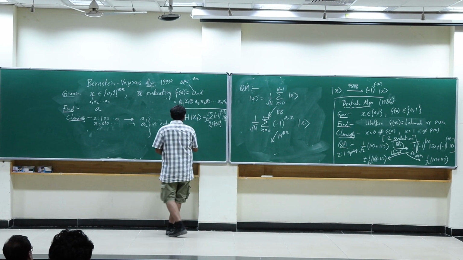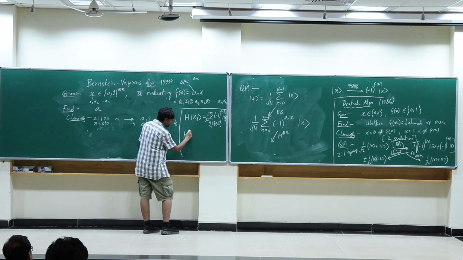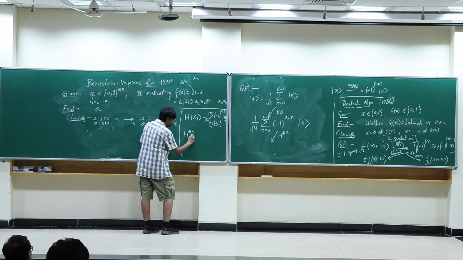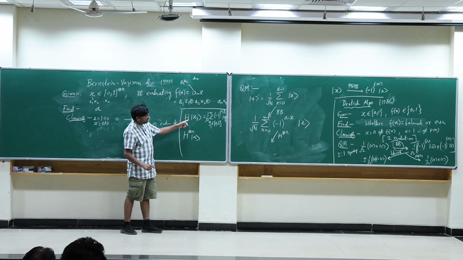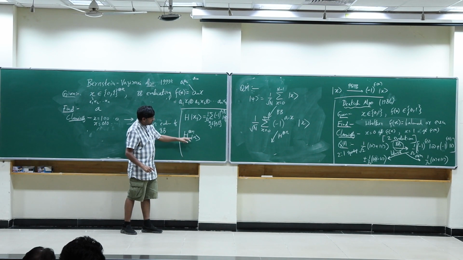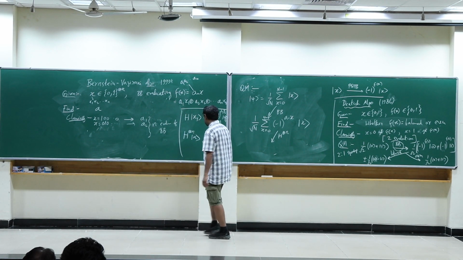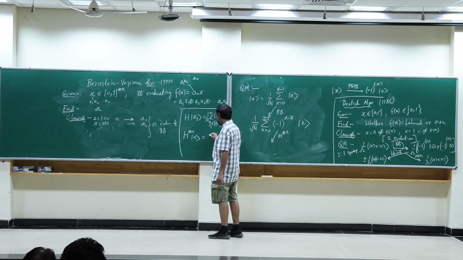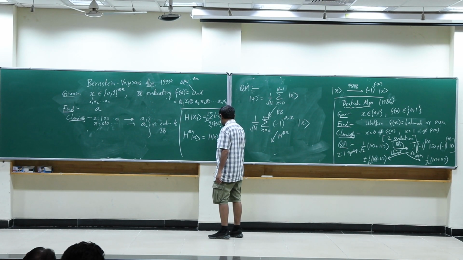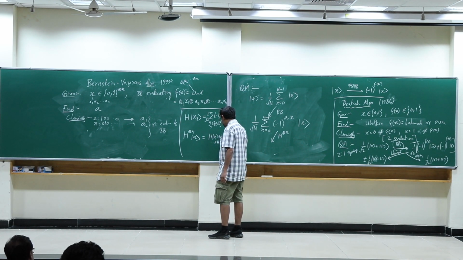This helps you to also write the Hadamard transform, which is doing Hadamard on everything in x. You do nothing but this n times: h acting on x1, cross h acting on x2, up to h acting on xn.